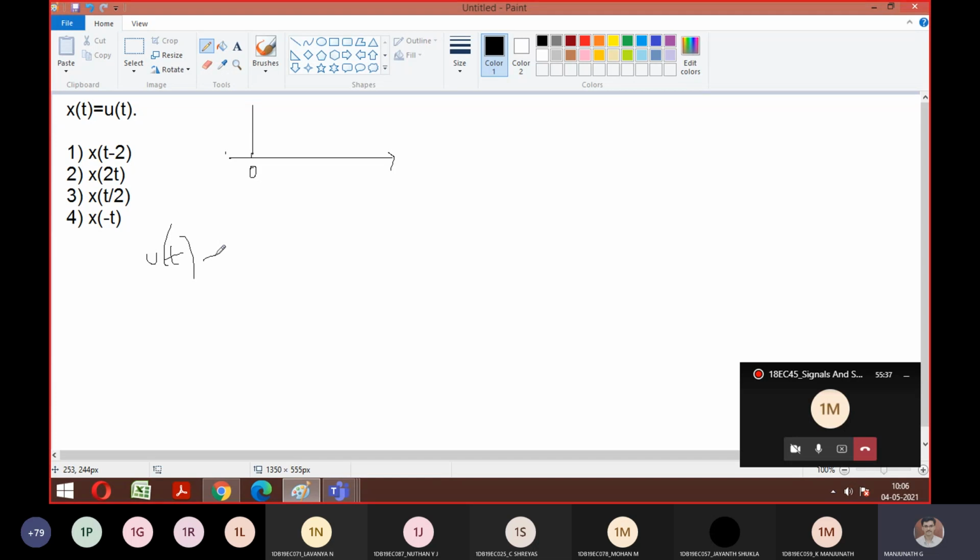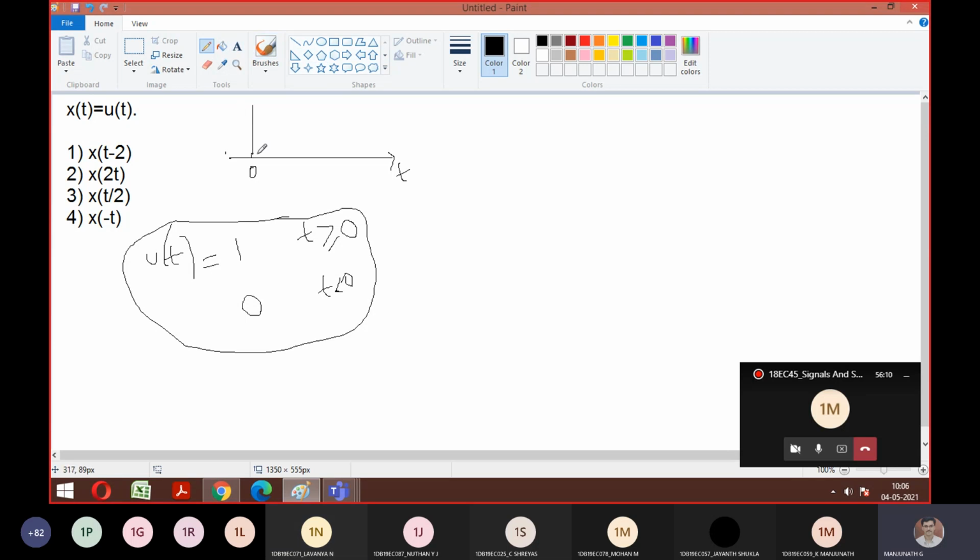It is called unit step because the amplitude is always equal to 1. u of t is equal to 1 for time t greater than or equal to 0. If it is less than 0, then we can judge it as 0. So this is the condition for unit step. Is it okay, guys? Yes.